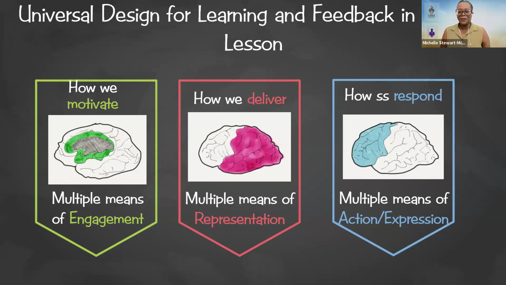Now, when we talk about multiple means of representation, this has to do with how the feedback that we have is delivered to the students, whether written, verbal, or video based. And so within our content pages, we can have different text formatting options. We can have the multimedia. We can have alternative formats.